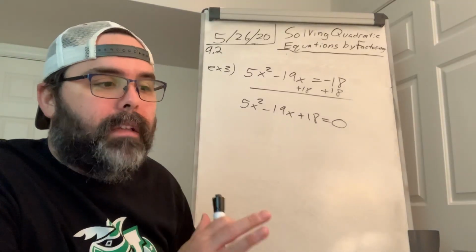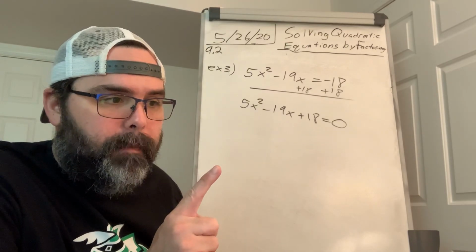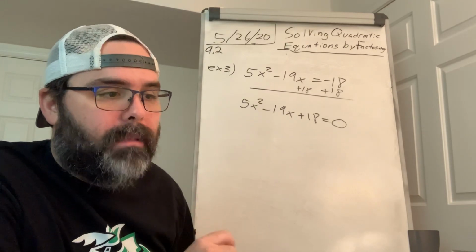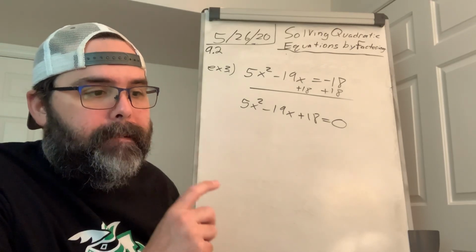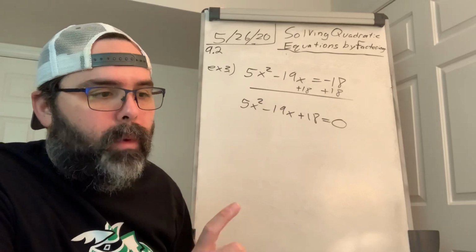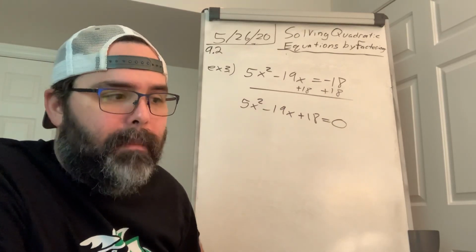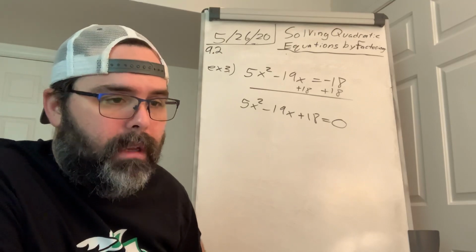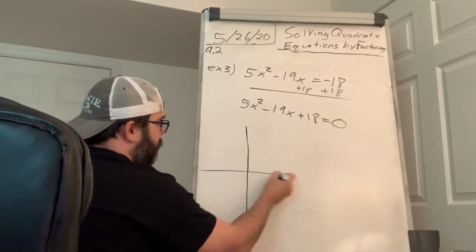Now, before I go on to the next step, it is possible to have one solution, and it is possible to have no solutions. What would it look like when there are no solutions? Well, if there are no solutions, that means there are no x-intercepts. That means it would look like this.